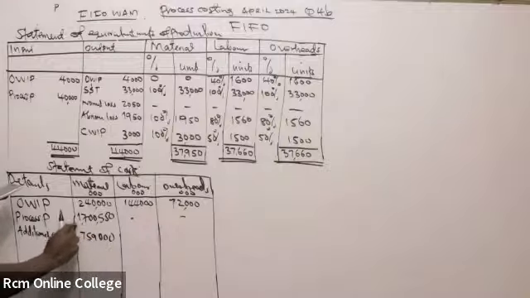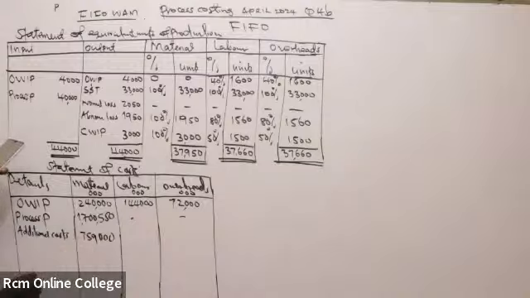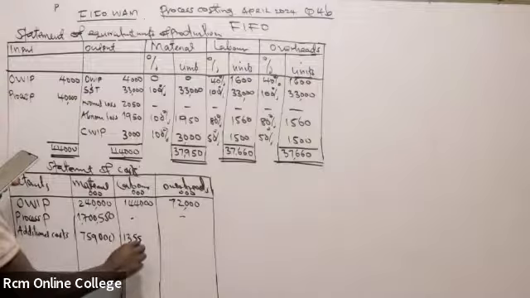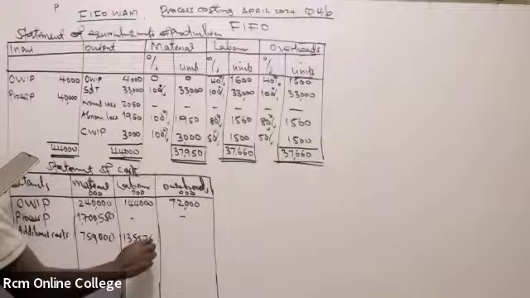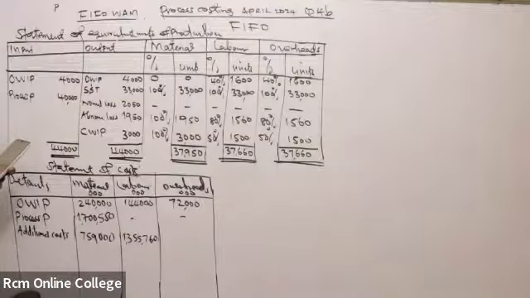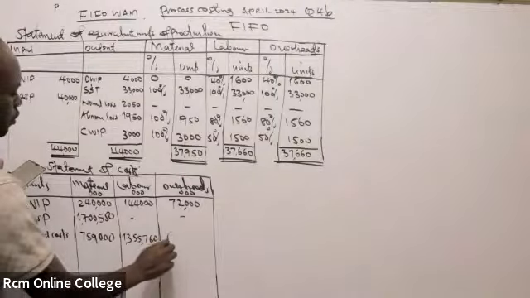We have 759,000. We have 1,350. 1,355. 760. Now they are in thousands. Then we have 640,20.